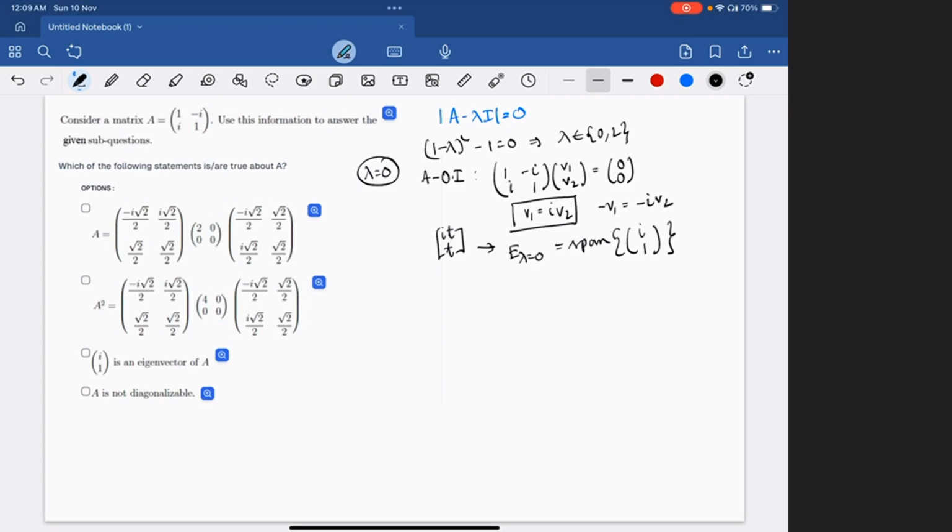So (i, 1) is an eigenvector. Now, what is the norm of the eigenvector (i, 1)? The norm would be under root 2, right? So the normalized eigenvector will be equal to 1 by under root 2 times (i, 1), right?